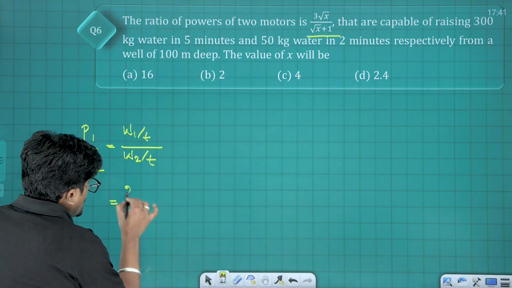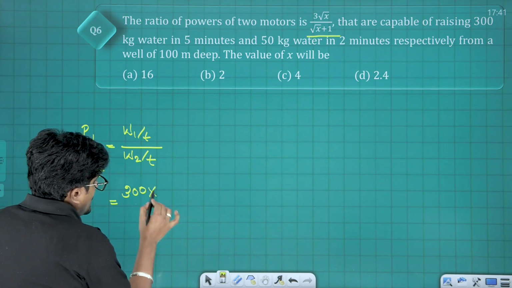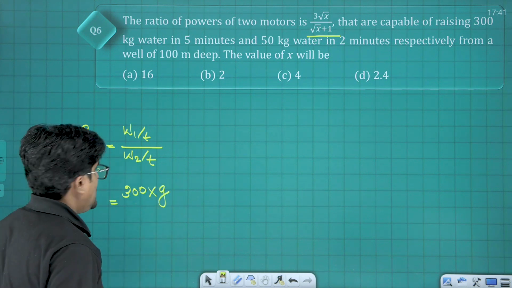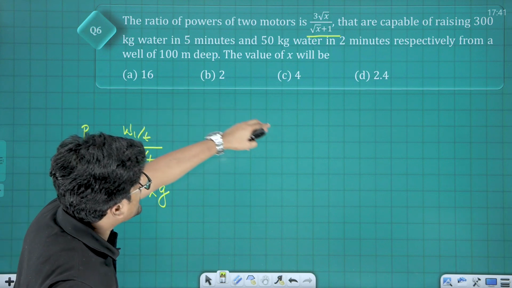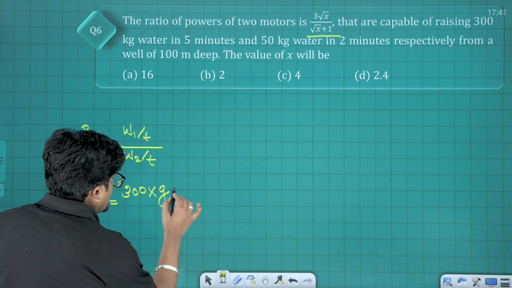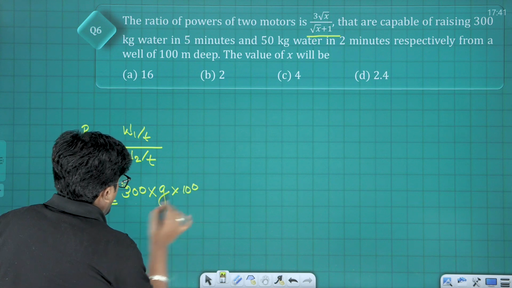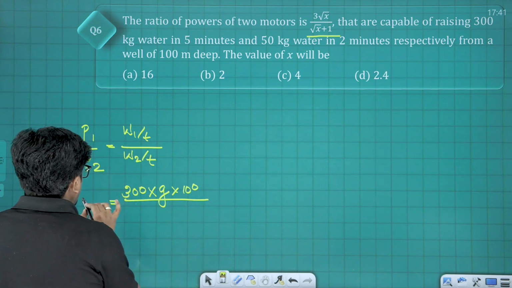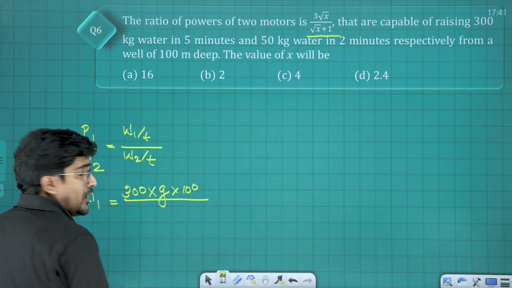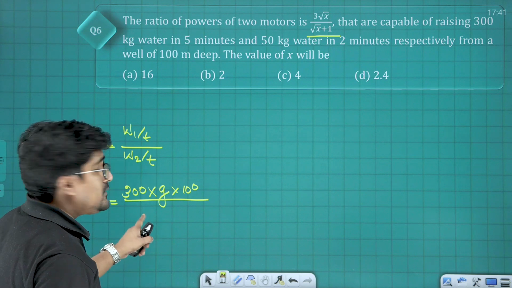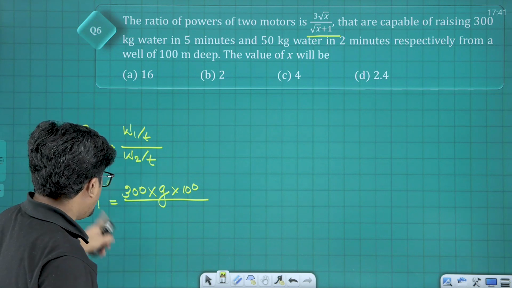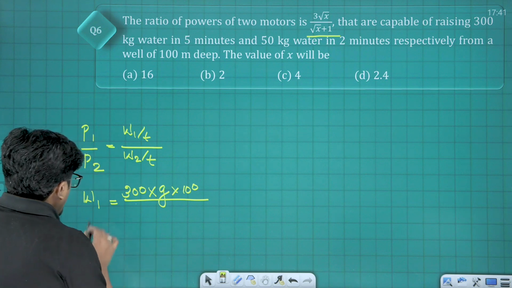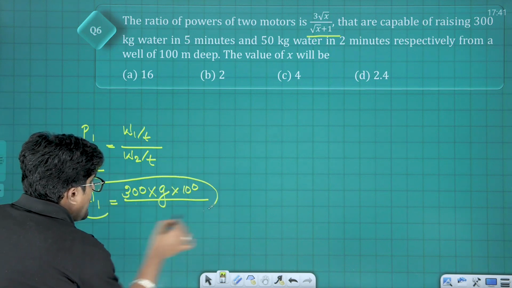So 300 is the mass, G is acceleration due to gravity, that is the weight. And it's taken to a height of what? 100 meter. Divided by time.